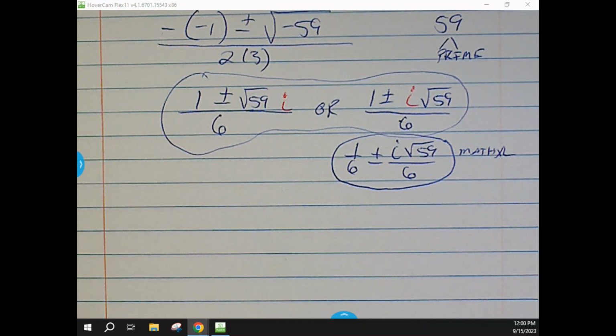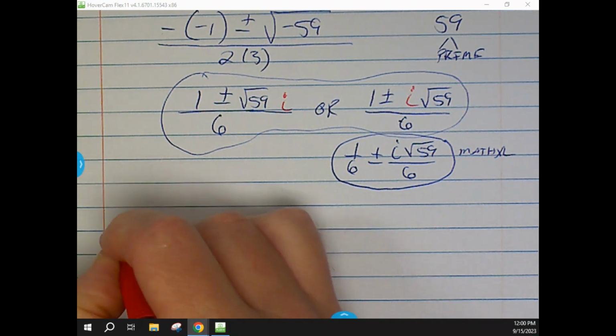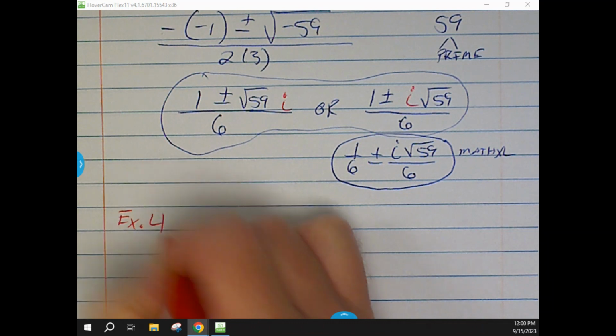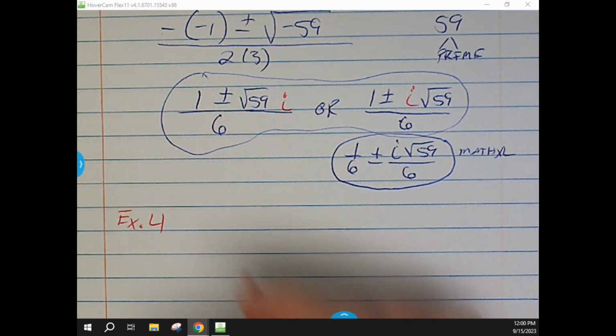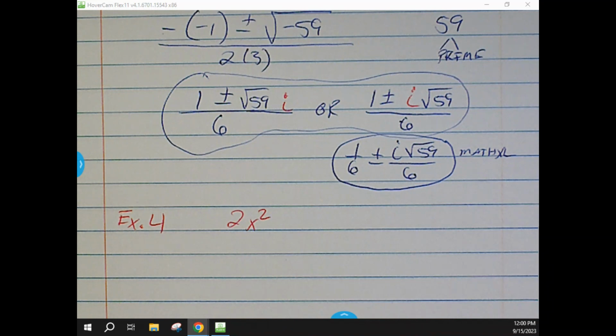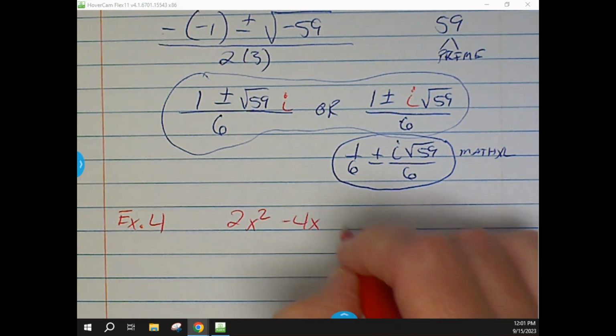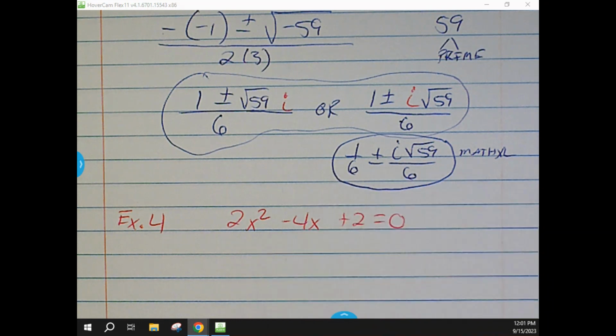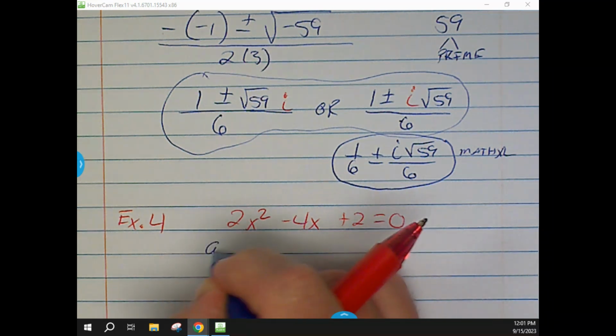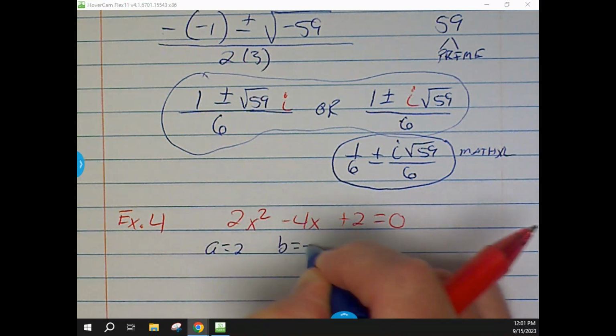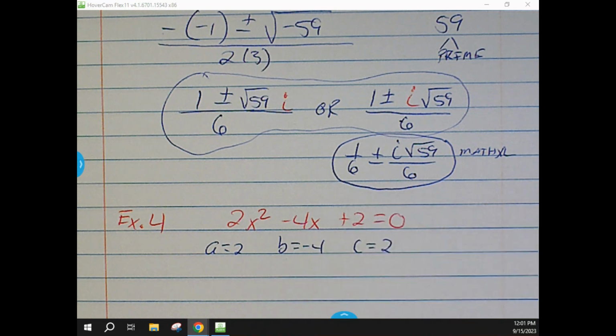All right, one more quick one, and then we're done. Okay, so let's say we've got 2x squared minus 4x plus 2 equals 0. All right, a is 2, b is negative 4, and c is 2.